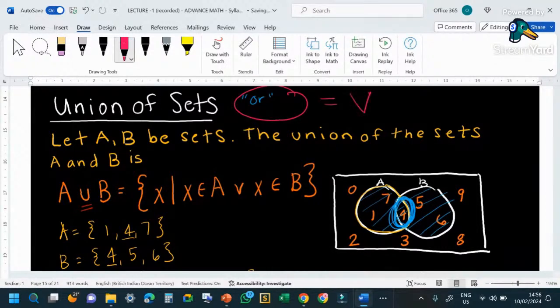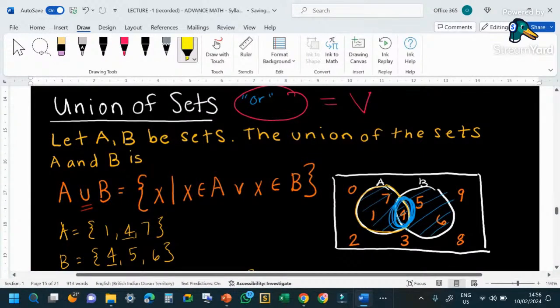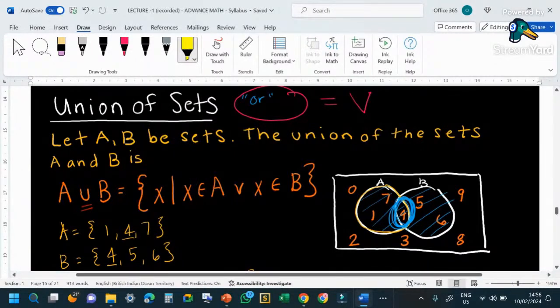Again, the union of A and B is equal to all x's such that x is an element of A or x is an element of B.